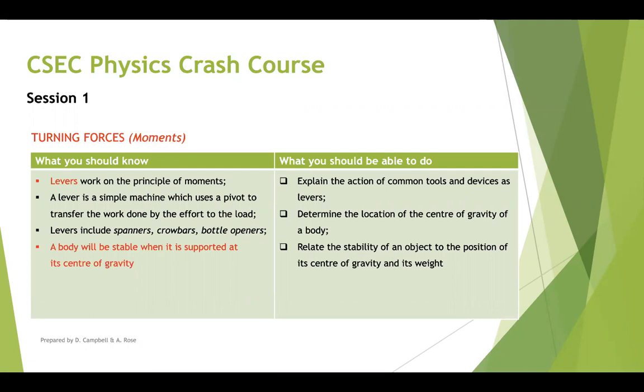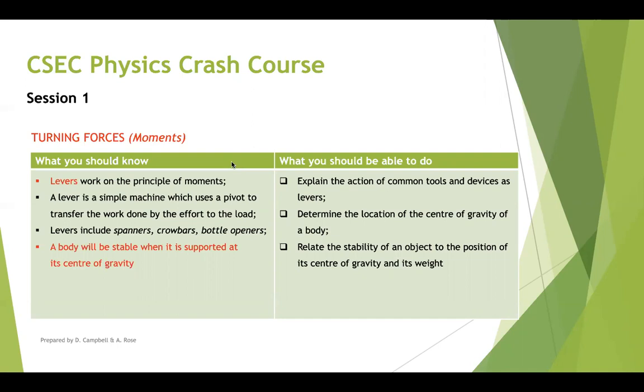All right. Now, we should also be comfortable in determining the location of the center of gravity of a body. The center of gravity of a body is basically an average position for where the weight acts. When we have a uniform body, the weight acts at the geometric center of the object.